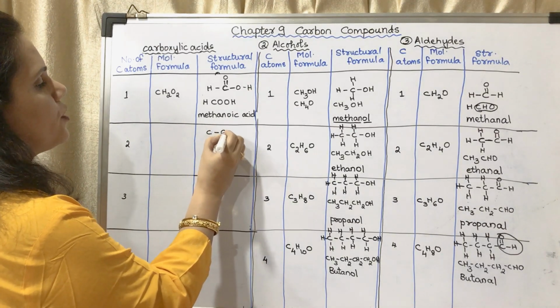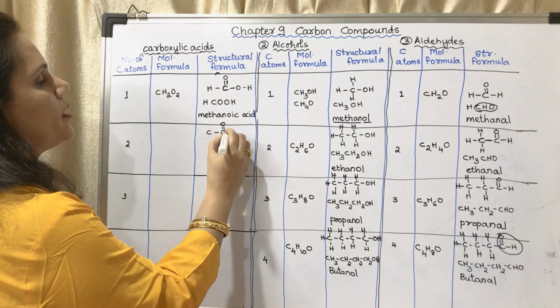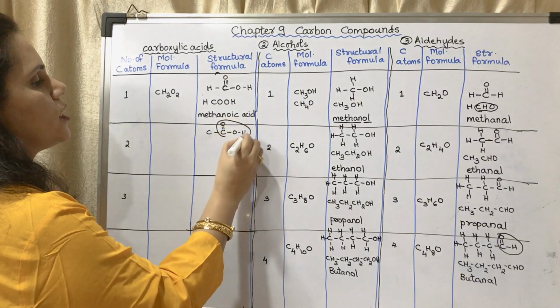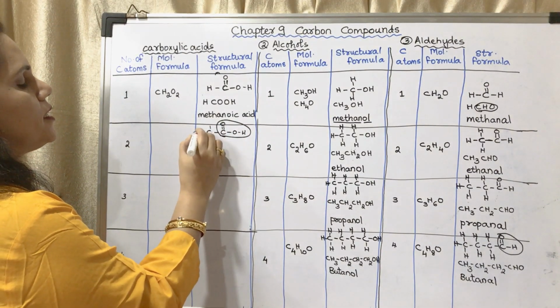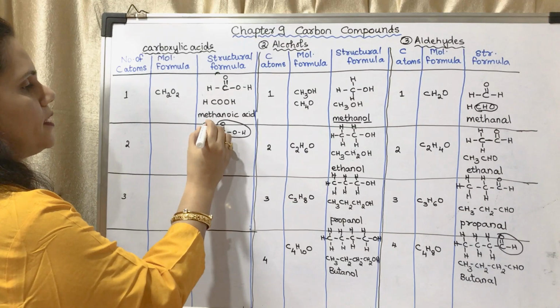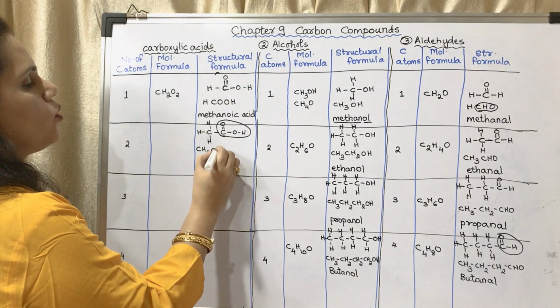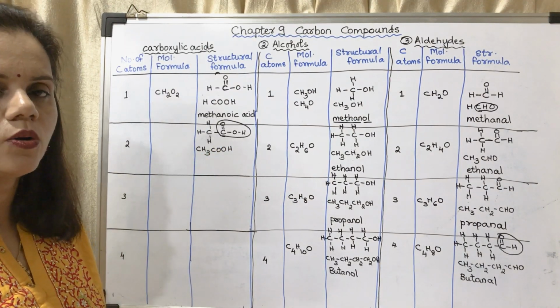So I have drawn 2 carbon atoms, but it is having one O at the top and one OH here. Okay, this makes the functional group, and this C is left with 3 branches. It is having H on every side. So this makes CH3COOH. You can write COOH, that is COOH.